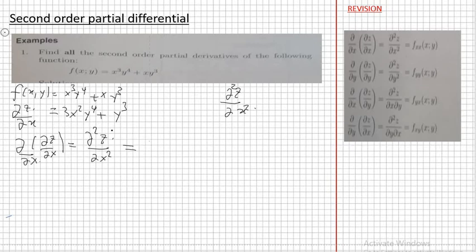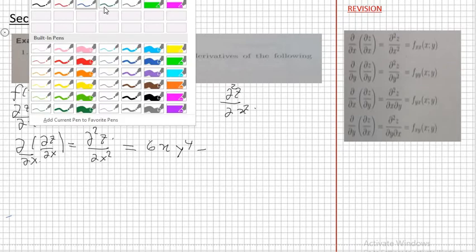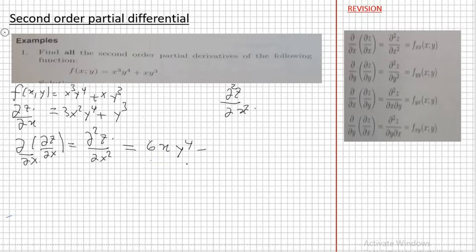So I'm going to have 6x. y to the power of 4 is still a constant in this case, so the derivative of y to the power of 3 is 0 because we are treating y as a constant. So that's the answer to this.